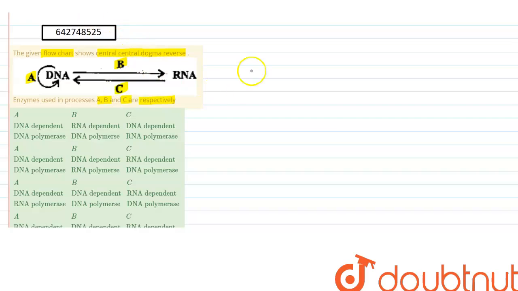Right? So if we see, first is the enzyme A is involved in the replication of DNA, right? In the process of replication of DNA, a new DNA strand is formed from the pre-existing DNA strand, right? So the enzyme involved here would be DNA dependent DNA polymerase.